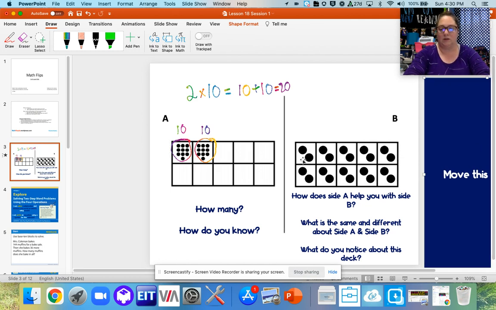All right, I want you to look at B. How many do you have in B? How do you know this? All right, so let's look. We have one group, two groups, three groups, four groups, five groups, six groups, seven groups, eight groups, nine groups, 10 groups.